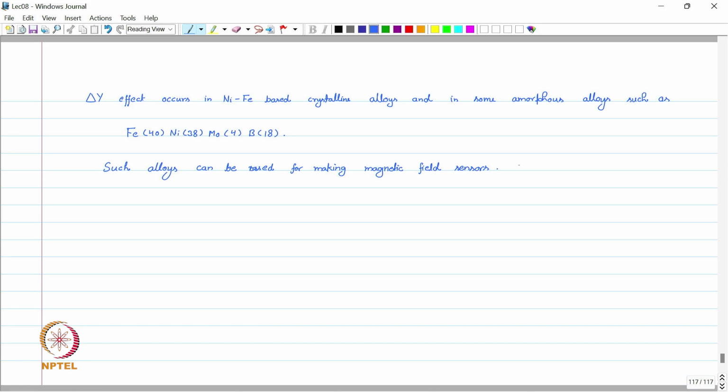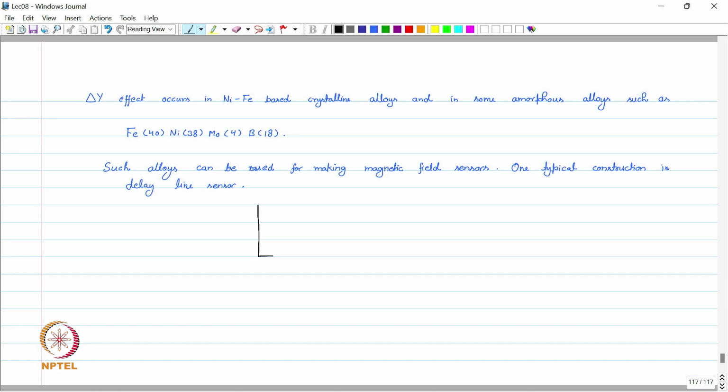And one typical construction is the delay line sensors. A delay line sensor is very much similar to what we discussed in acoustic sensors.